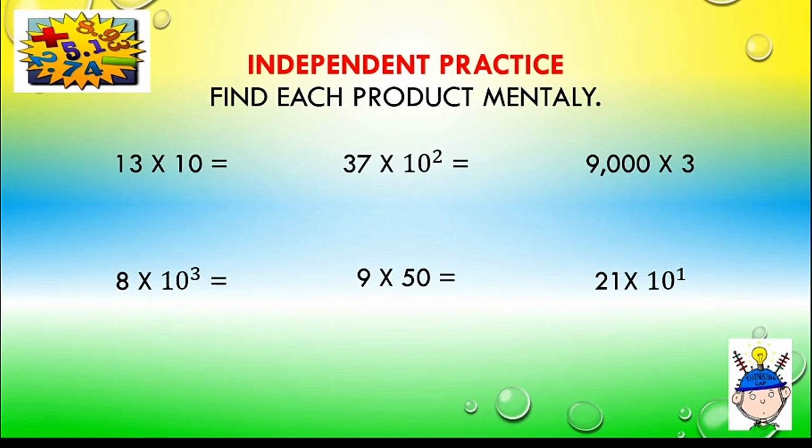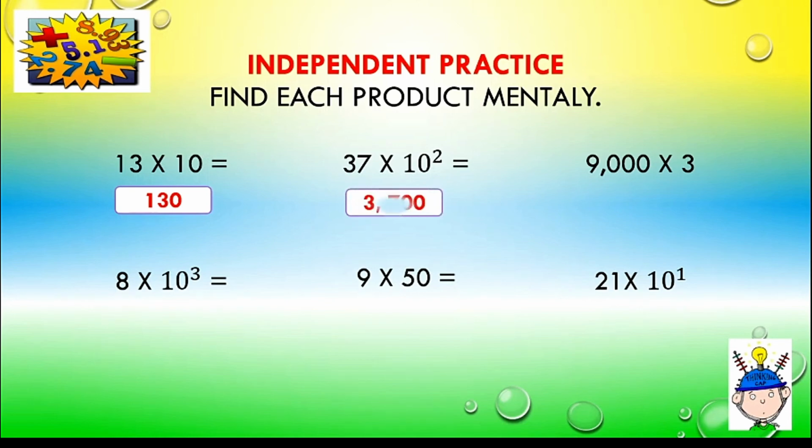First problem, 13 times 10 equals 130. Second, 37 times 10 squared, or 10 squared becomes 100. So 37 times 1 equals 37, and copy how many zeros in 100? 2.